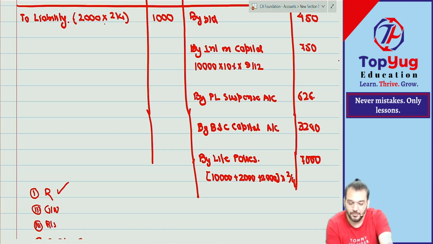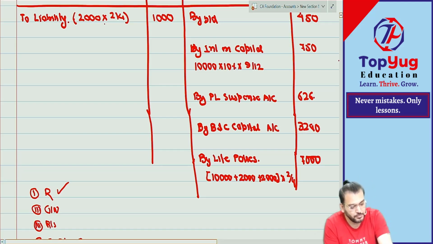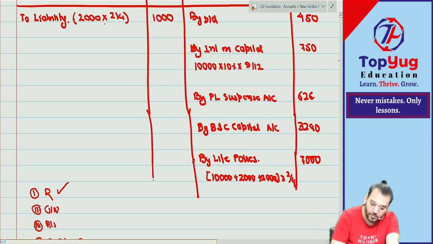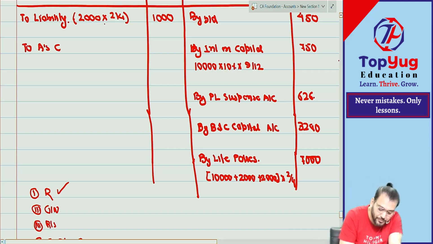Understood? Have you understood all these points? Follow. Have you understood? Correct. Now this will be transferred to A's capital account.